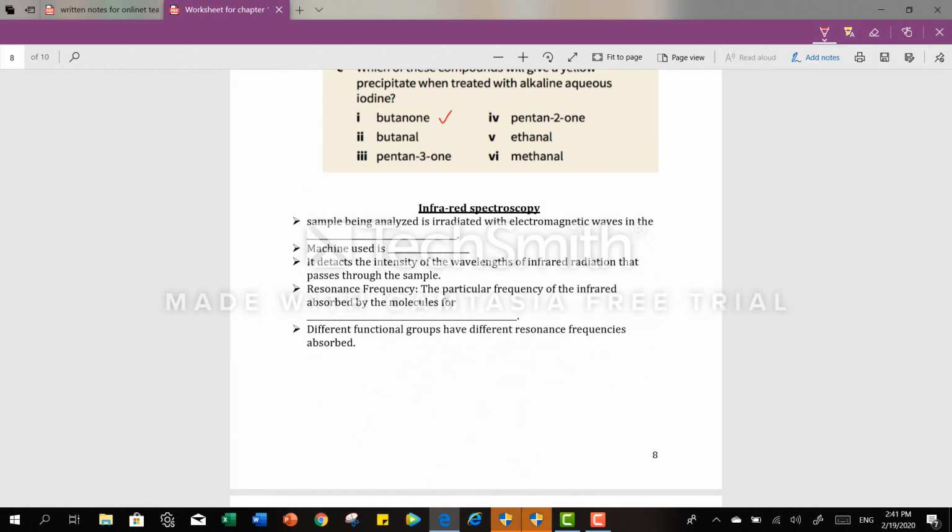Exercise. The sample being analyzed is irradiated with electromagnetic waves in the infrared region of the electromagnetic spectrum.